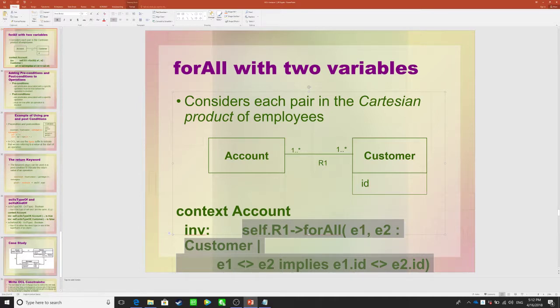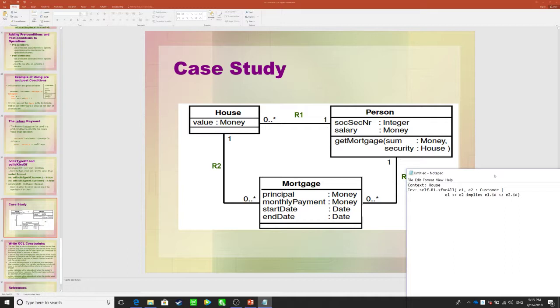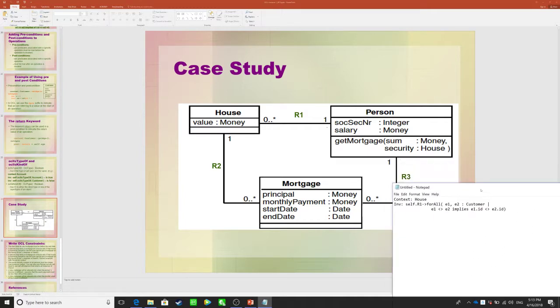Let me just copy paste. So with self.R1, which goes to all the persons. This is forAll. Use social security number.